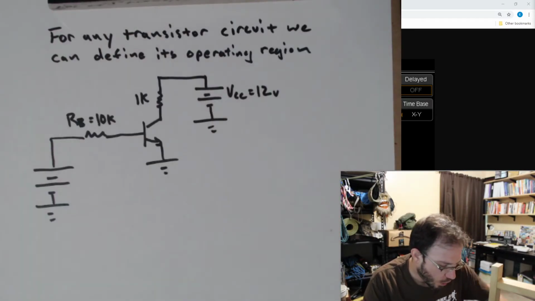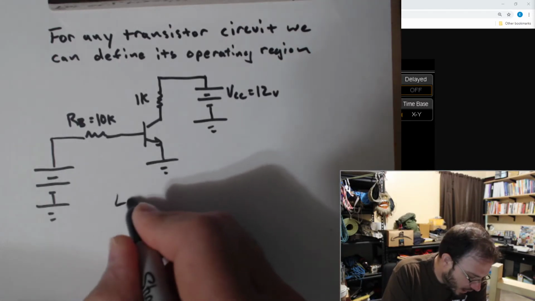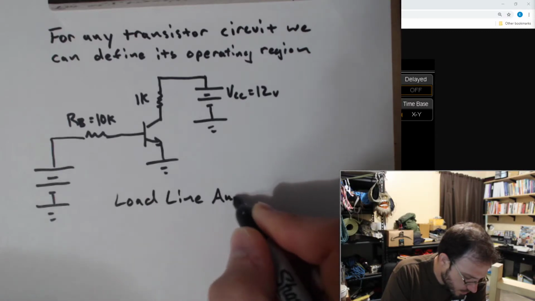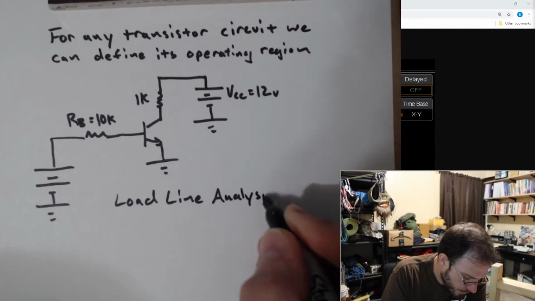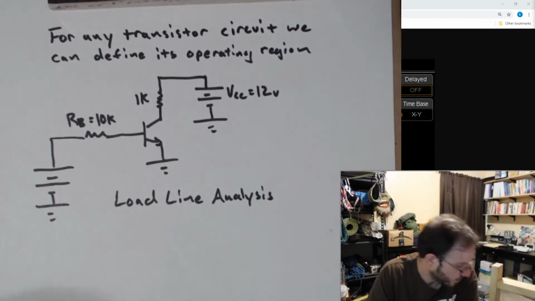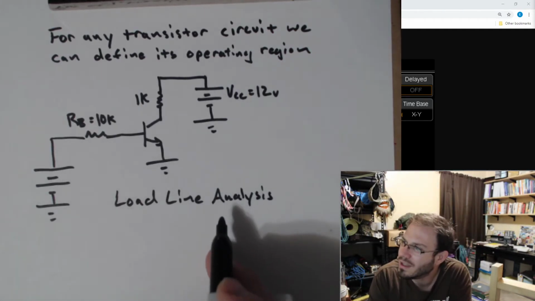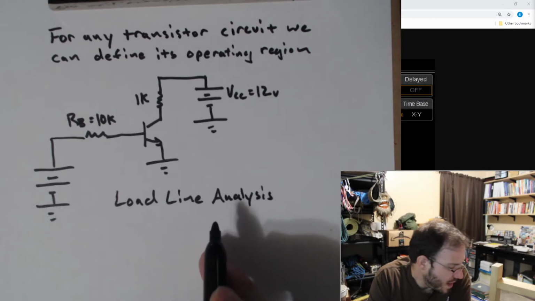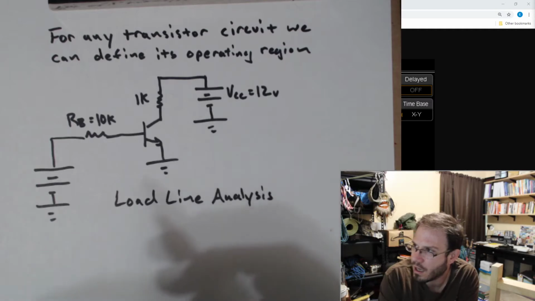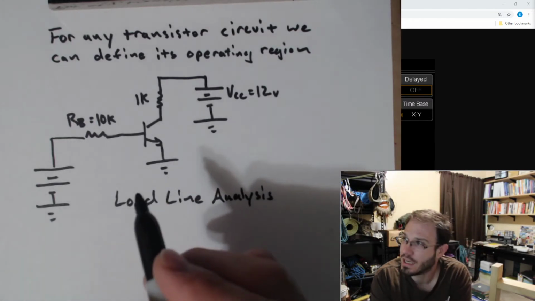This is known as load line analysis. What we're going to do for load line analysis is find out, for a circuit, where cutoff happens and where saturation happens.